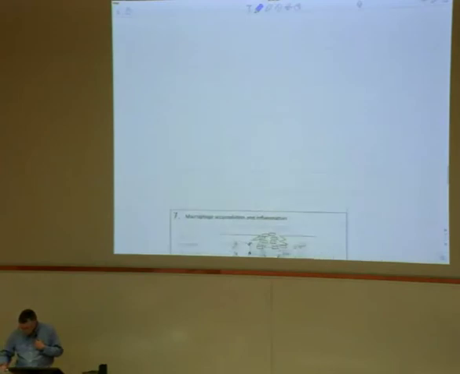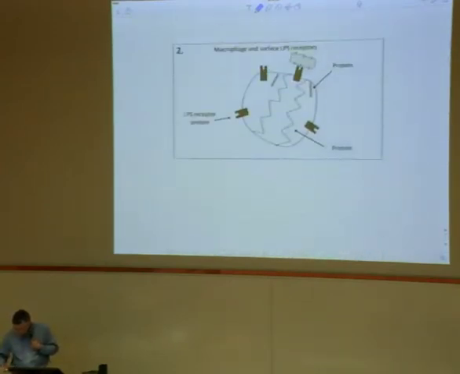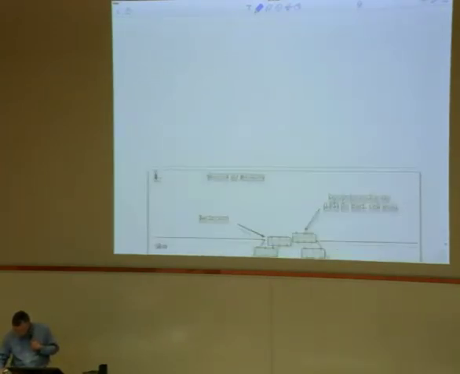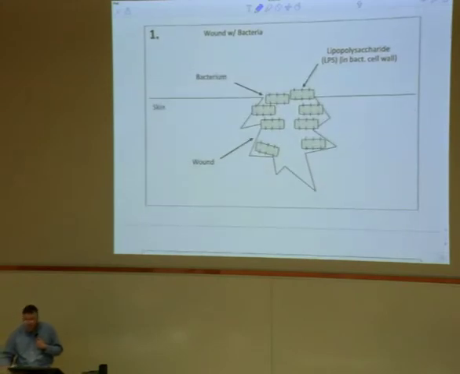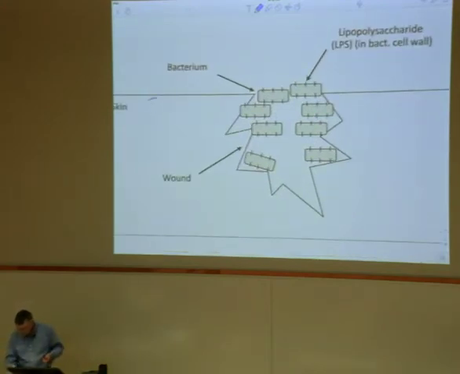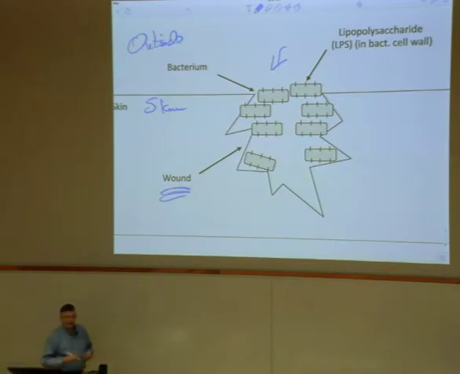Okay, I want to talk a little bit more about inflammation. I just want to walk you through it quickly. So, got the skin. So here we've got skin outside. And we get a wound, and some bacteria get in.